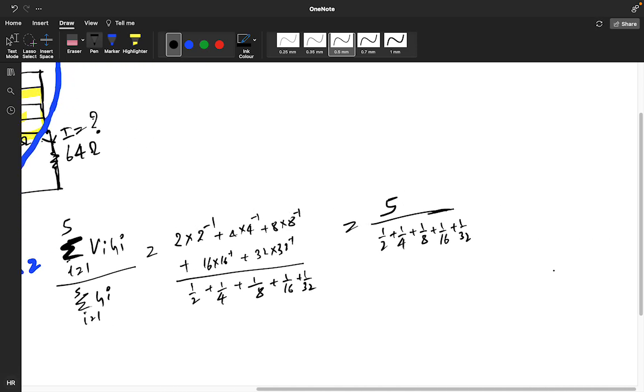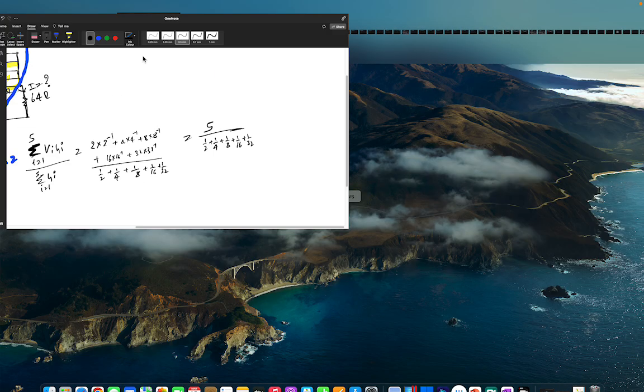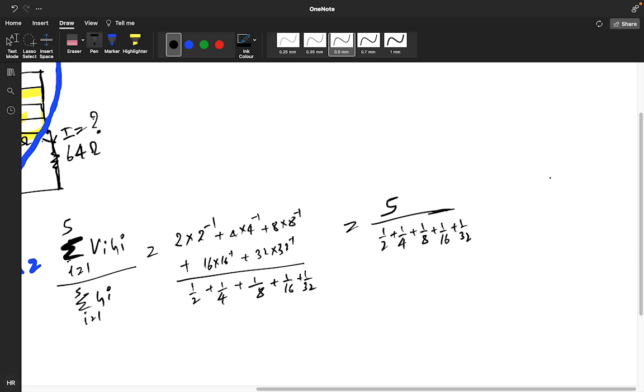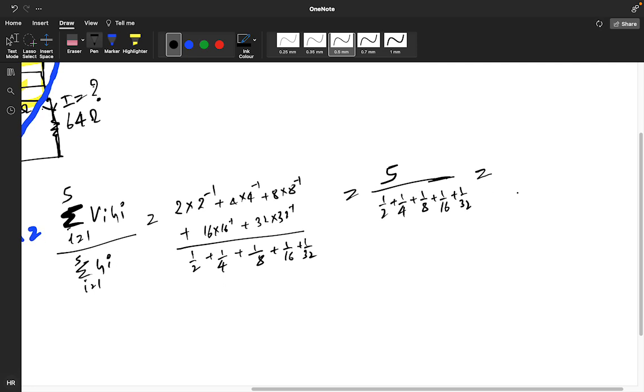If you put the value in a calculator, the denominator comes to 31 by 32. So you are getting 5 into 32 by 31. This is your VTH value, 5 into 32 by 31, and the RTH value will be 31 by 32.